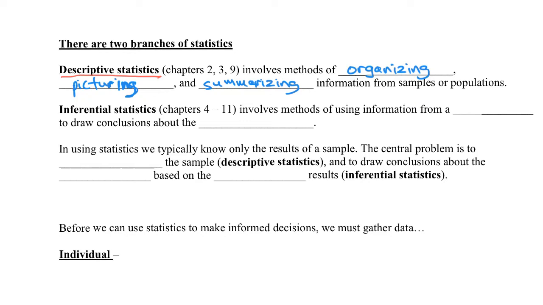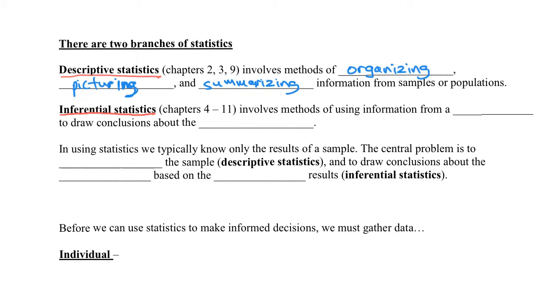So with descriptive statistics, we're describing a data set. The more interesting part of statistics, and definitely a little more challenging, is inferential statistics. And this is really why we study statistics. This is starting in chapter 4.